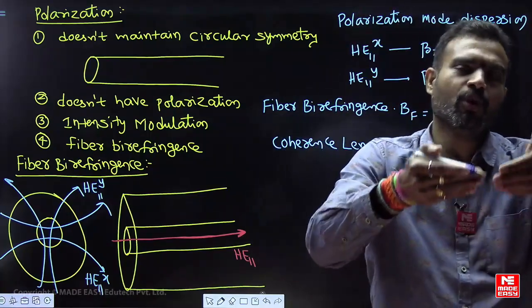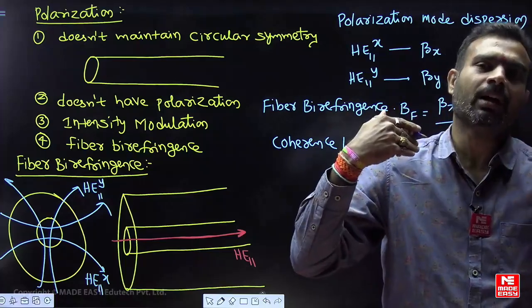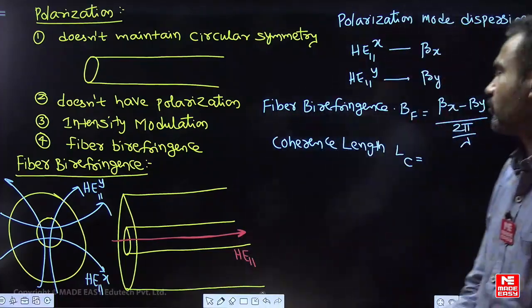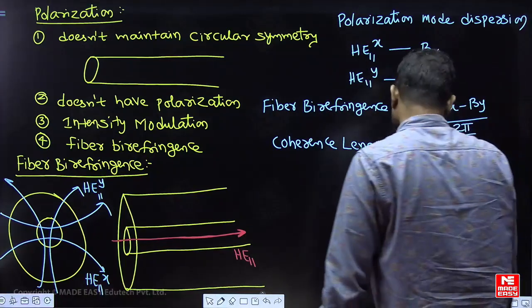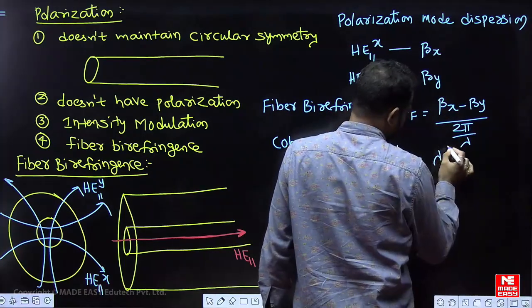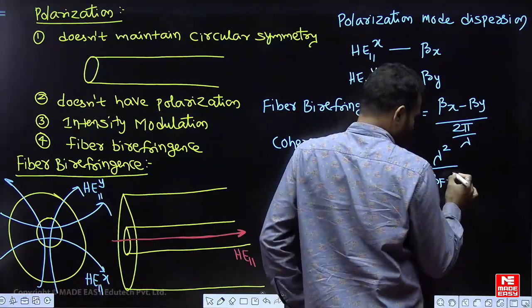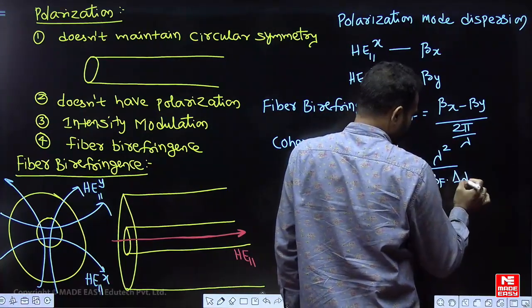The distance they travel together along the fiber is called coherence length. The coherence length is given by the formula lambda square divided by BF into delta lambda.